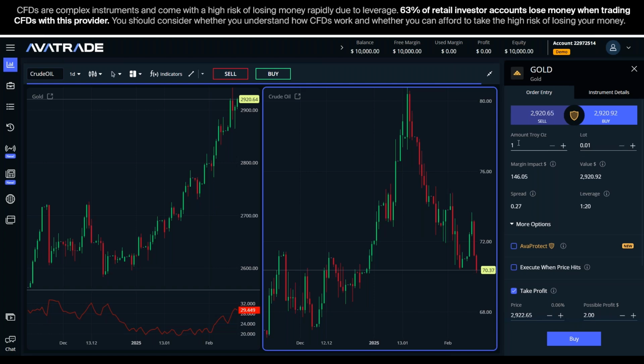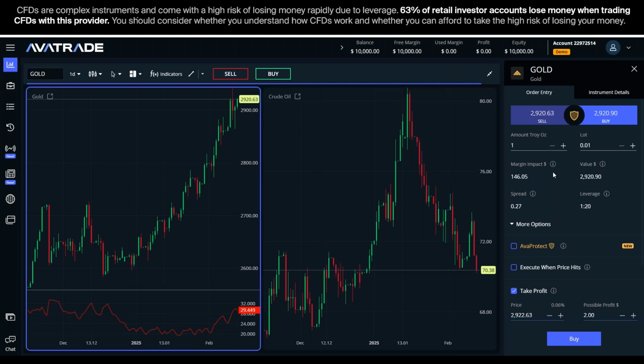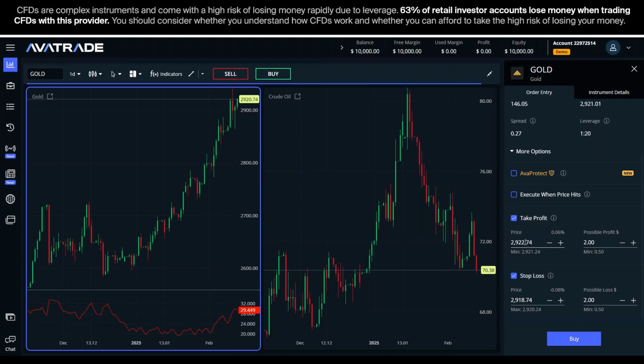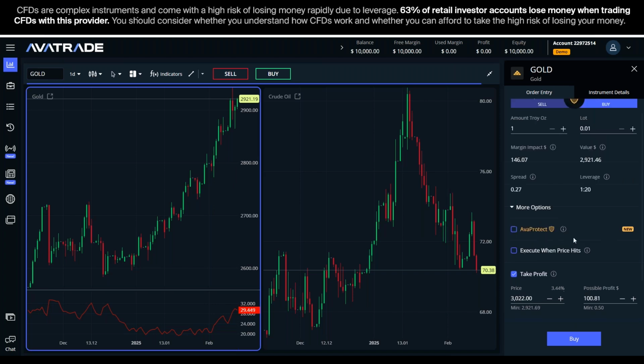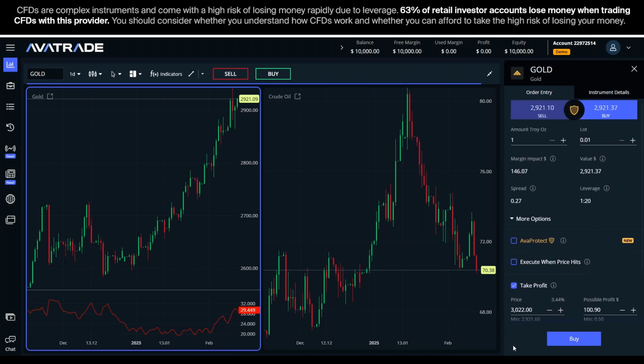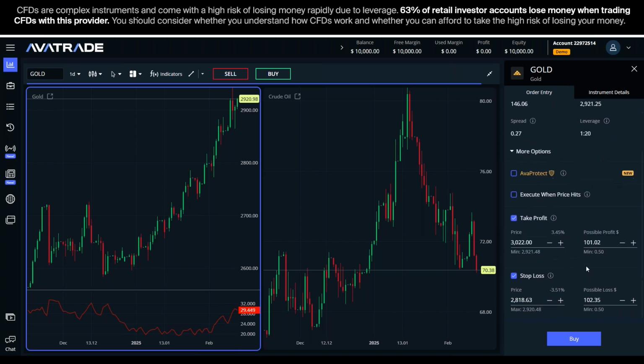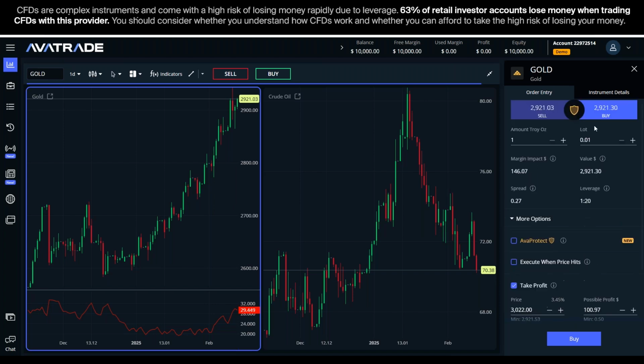So 0.01 really gives us 100. Okay, and then each dollar that it's moving, if it moves up $100 as an example, we can make $100. You can see that, right? I've taken 100, added it to the price, and then we can make or lose 100. This is with 0.01. With 0.1, it will be 10.